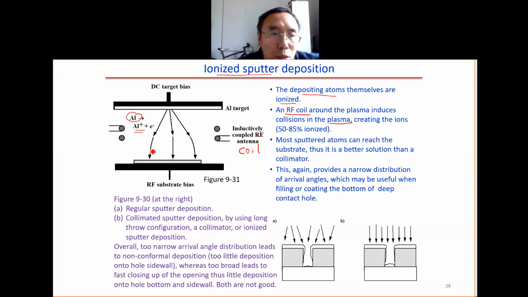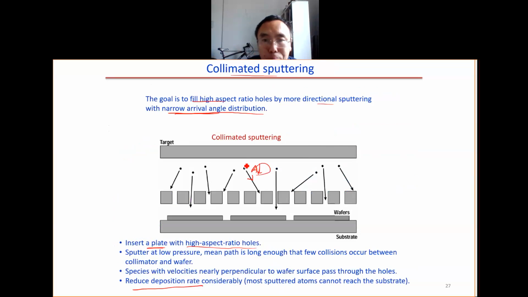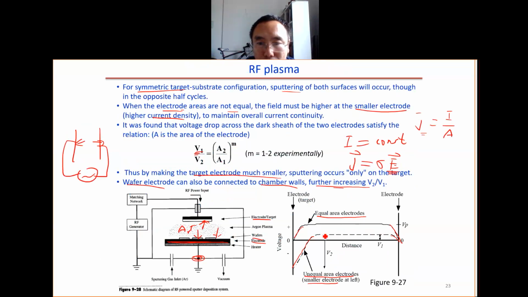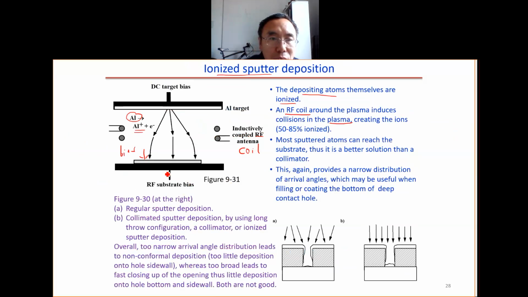Then we have the barrier voltage here. When the ions are positively charged, they will go this way because of the voltage. As a result, you can see we have more deposition on the bottom, in the case of the broad arrival angle. There is also some deposition on the side wall, but not too much. But overall, this should be okay to form the conducting film.